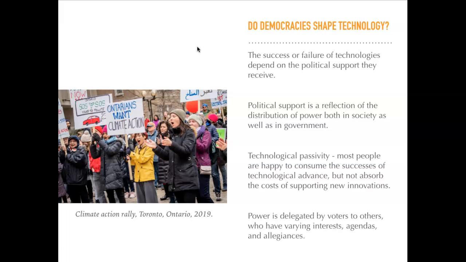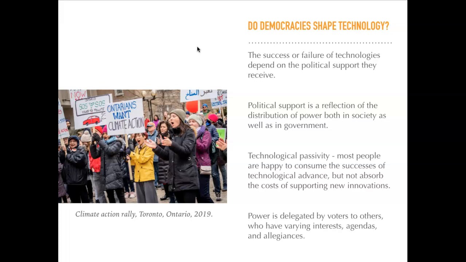They are networks and regions that all believe in the democratic ideals of good governments, elections, freedom of speech, and association, all the things that for many of us are really important parts of our socio-political lives. But technology does play a role in democracy. So it is a fair question to consider whether or not democracies shape technology.